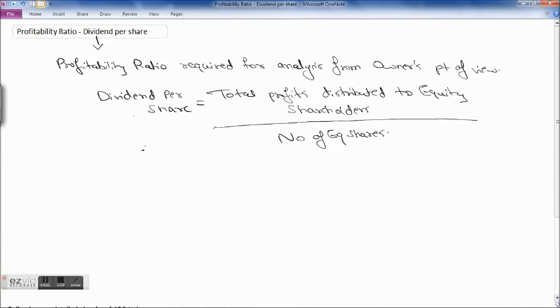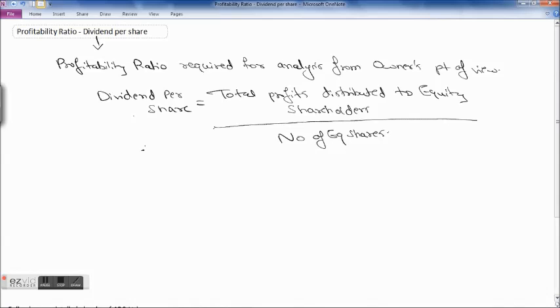Now, the dividend per share for equity shareholders is not fixed, unlike preference shares. For preference shares you have a fixed 10% dividend or 20% dividend. But for equity shareholders, the dividend is generally proposed at the annual general meeting, and when the proposal is put before equity shareholders, they have to approve it, a resolution needs to be passed, and only then is that amount distributed. This amount will change depending on the profits of the business, the nature of the business and the market conditions.